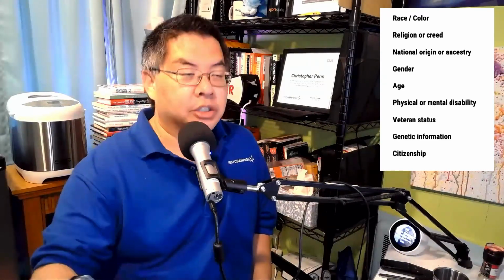Now, your laws in your country may differ depending on where you are, but these are the ones that are protected in the U.S. And because companies like Facebook and Google and stuff are predominantly U.S.-based, headquartered here, and a lot of their data science teams and such are located in the United States, these are at the minimum the things that should be protected. Again, your country, your locality, like the EU, for example, may have additional things that are also prohibited.